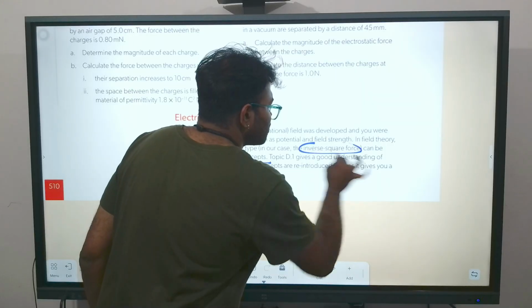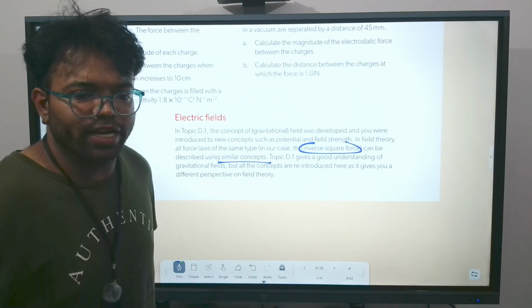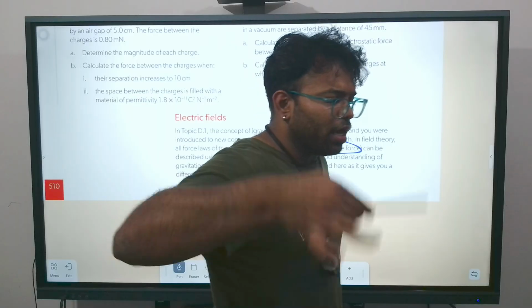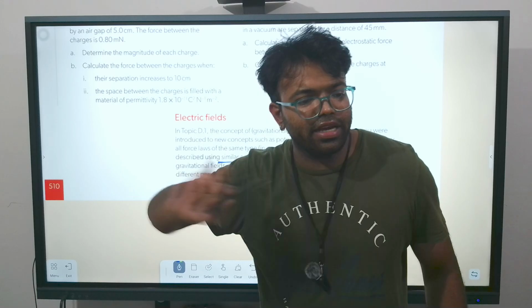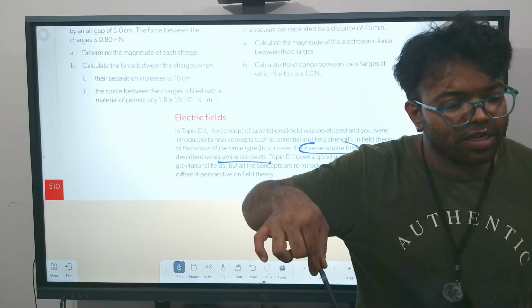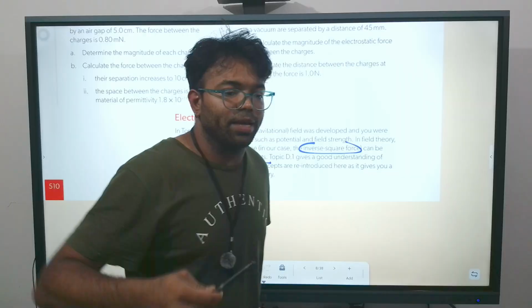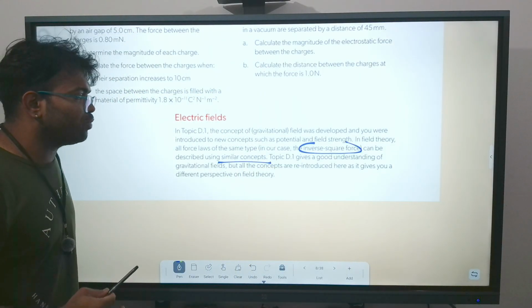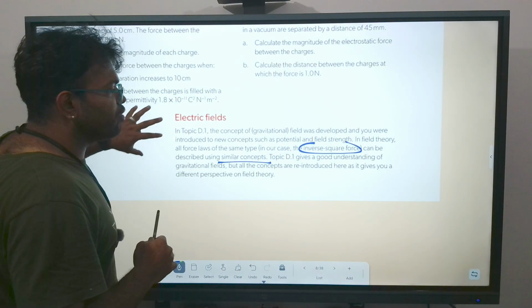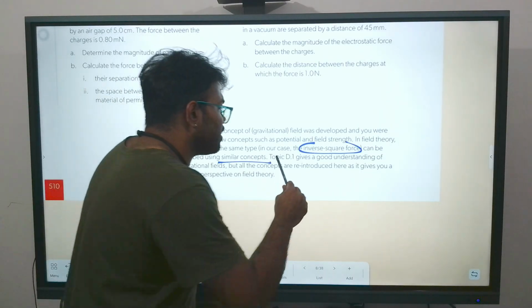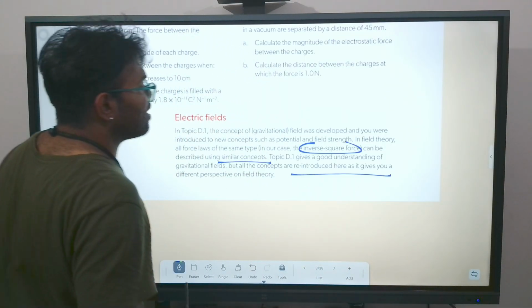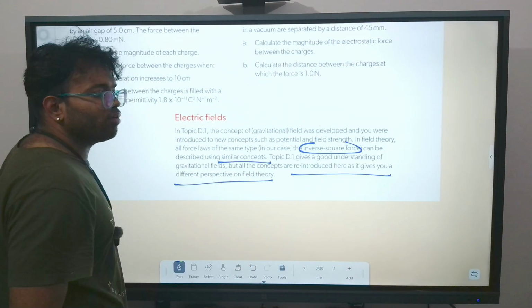We have already discussed what an inverse square force is: a force whose magnitude decreases as the distance between the objects increases, by the inverse square of the distance between them. Topic D1 gives a good understanding of gravitational fields, but the concept is reintroduced here as it gives a different perspective of the field.